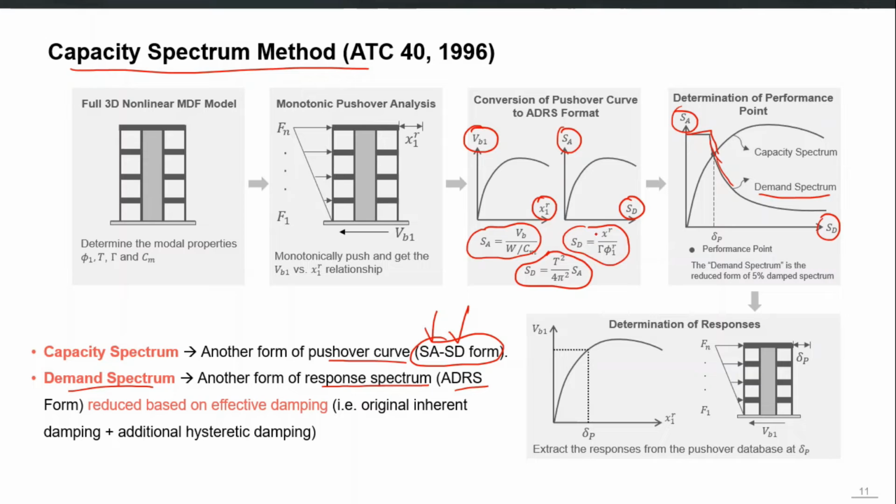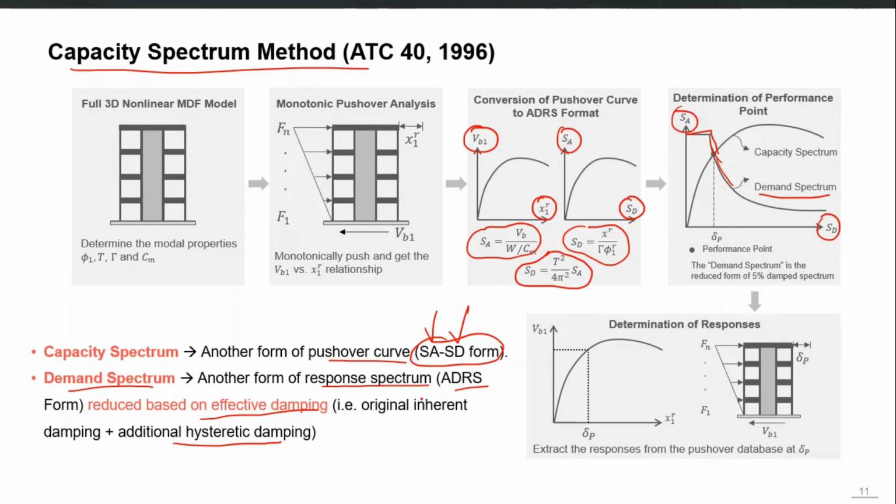But the demand spectrum should be reduced from the original spectrum based on the effective damping. Effective damping is actually the damping of the equivalent linear single degree of freedom system. Original inherent damping plus the additional hysteretic damping, which is estimated in ATC 40 by the bilinear idealization of that nonlinear single degree of freedom system.